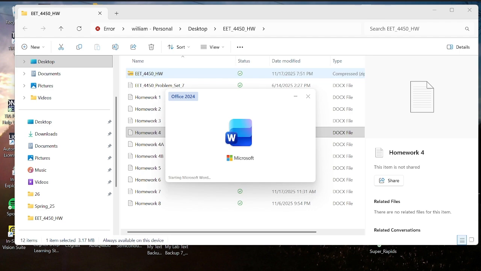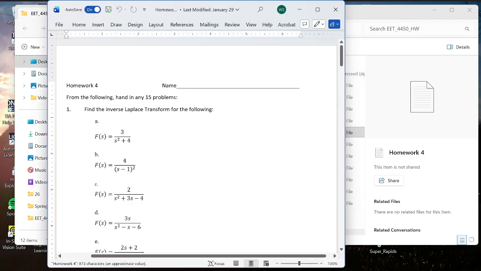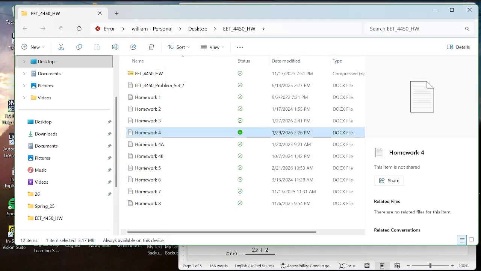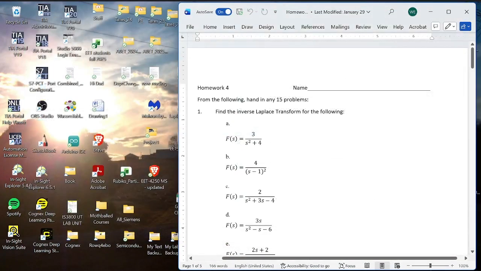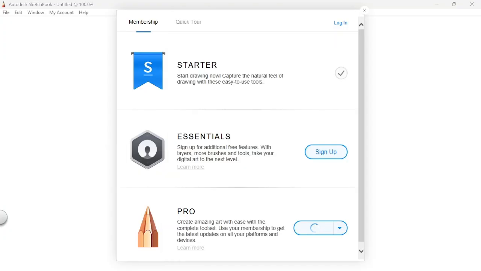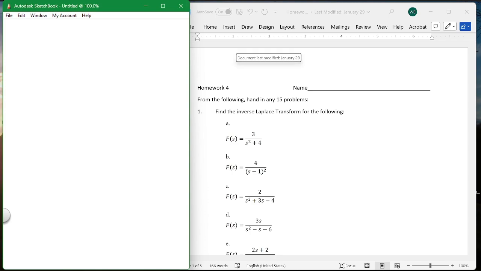This is a review of sorts of what you would do in EET 4450, but I want to go through some of this stuff. This is the homework assignment from 4450, but some of these questions that are in here, they didn't cover adequately in chapter 9, and I wanted to go through and work on a few of these.